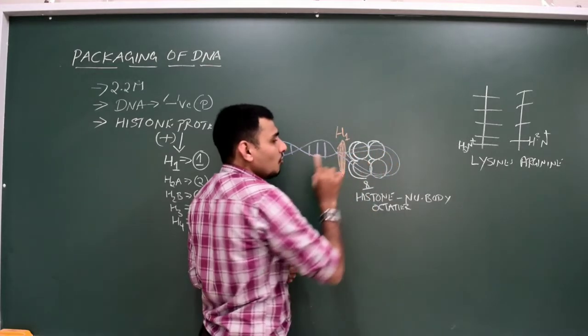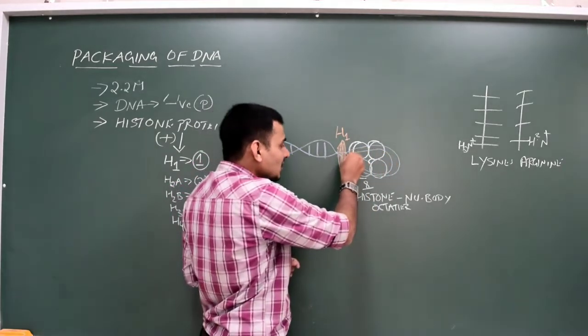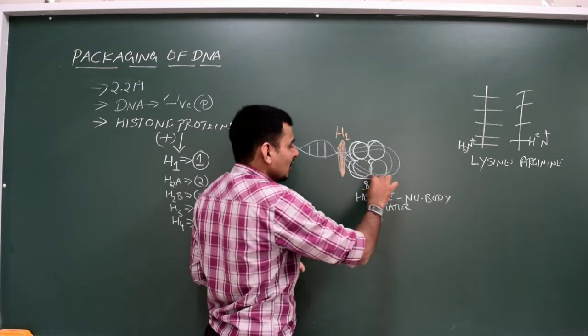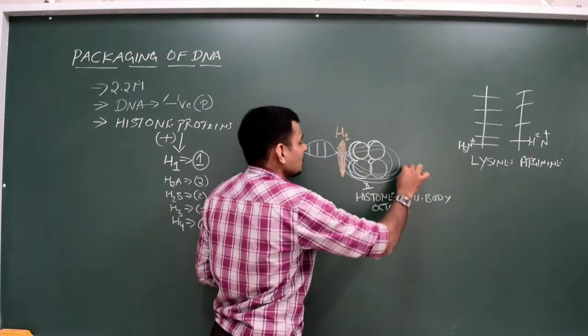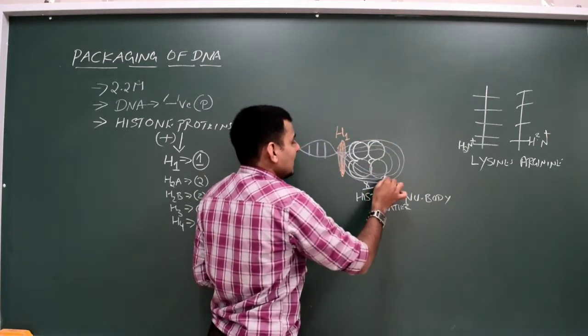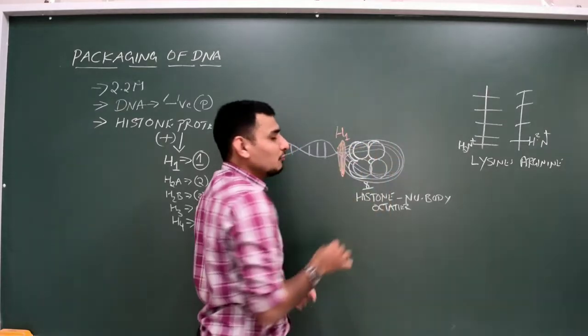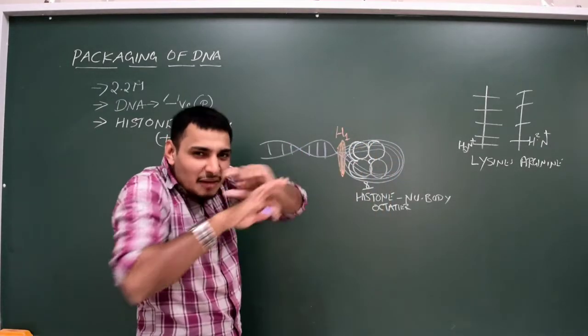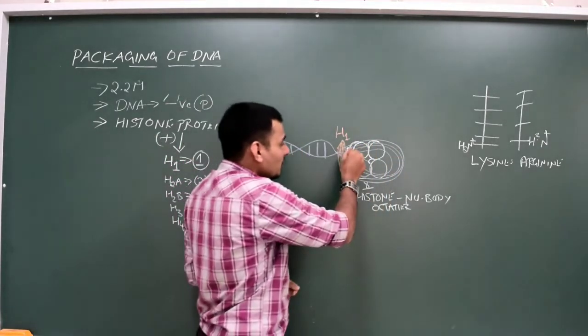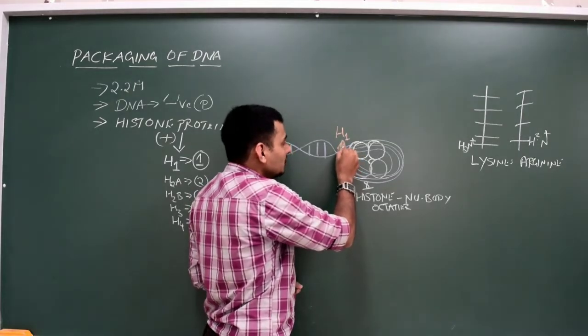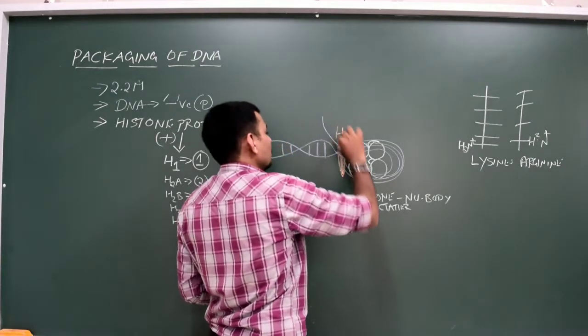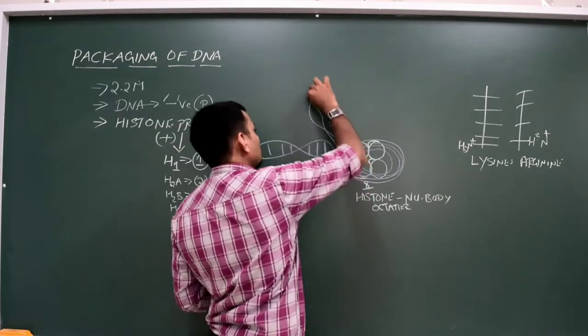One round is completed. It continues further to complete its second round, but remember that it will not complete a full second round. Again it comes in contact with the H1 and now leaves. See, it leaves, it goes like that.